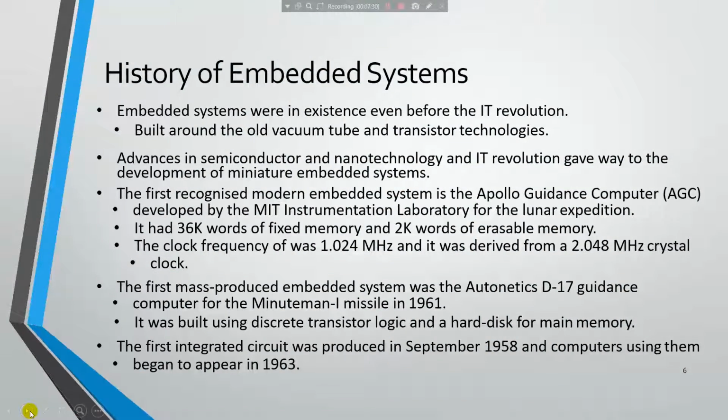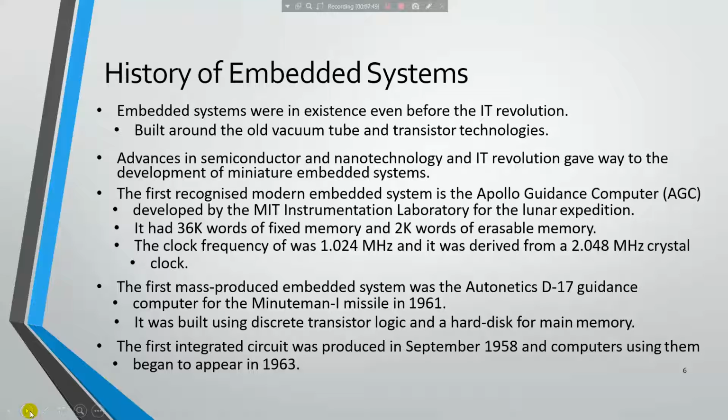Next, the history of embedded systems. Embedded systems were in existence even before the IT revolution. They were built around old vacuum tubes, and later transistor technologies.